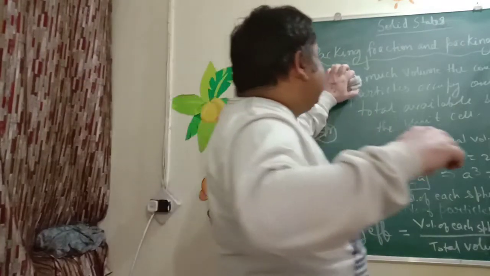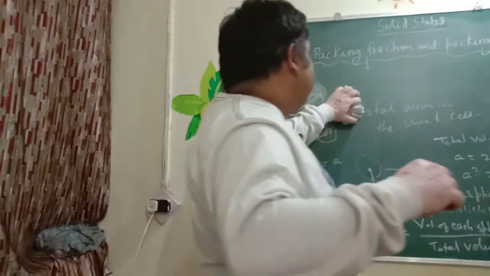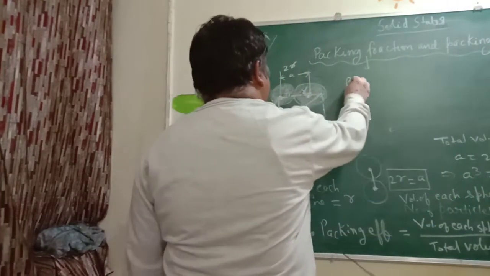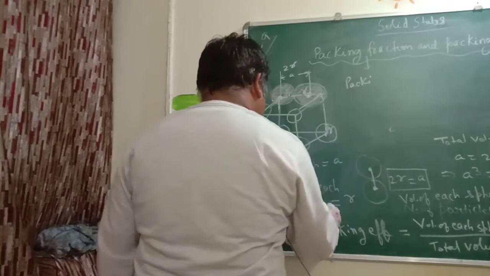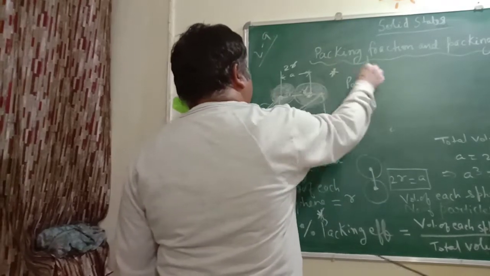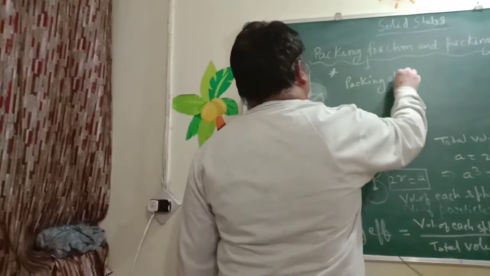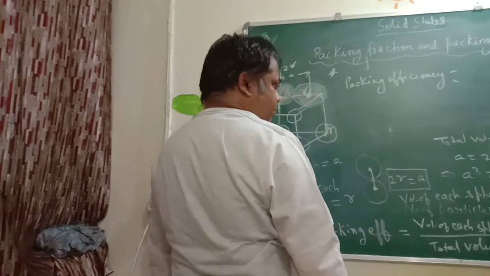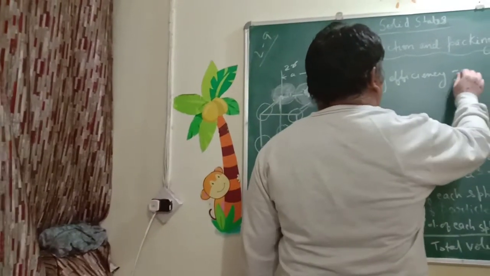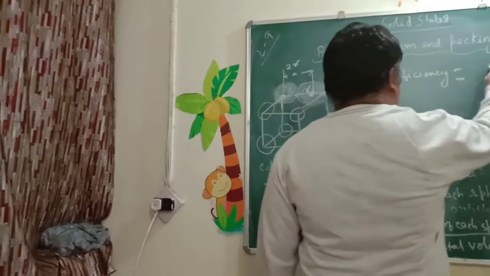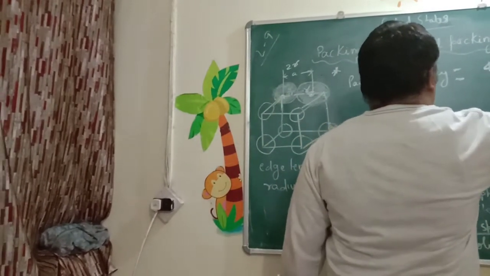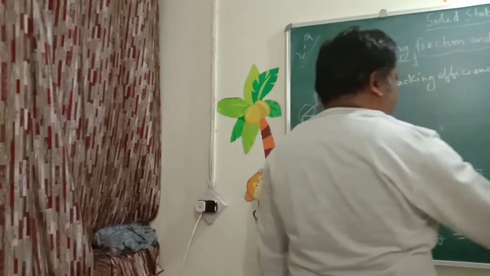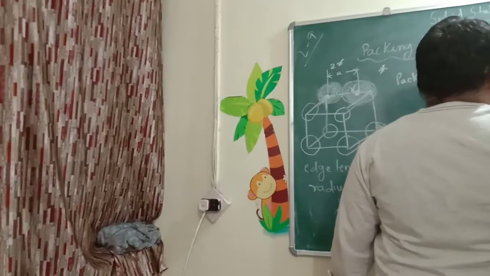This can be written as packing efficiency equal to 4 by 3 pi r cube into 1 particle, divided by 2r whole cube.